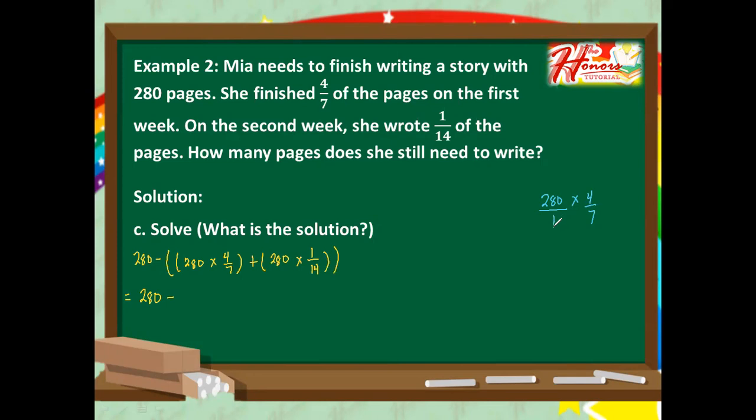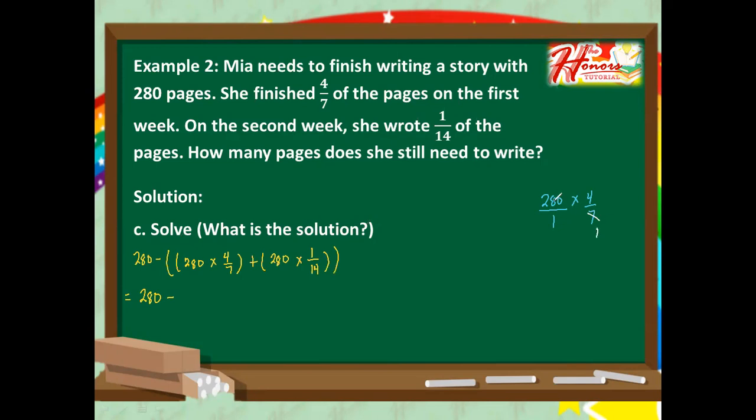So we have over 1 here. And then kindly check if we can apply the cross multiplication method. It is applicable here. So just think of a number that can divide 280 and 7 at the same time without remainder. We can use 7 here.